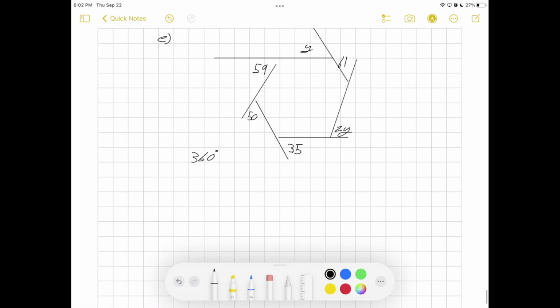Now, what do we do next? We have to put down our formula and add all our angles.